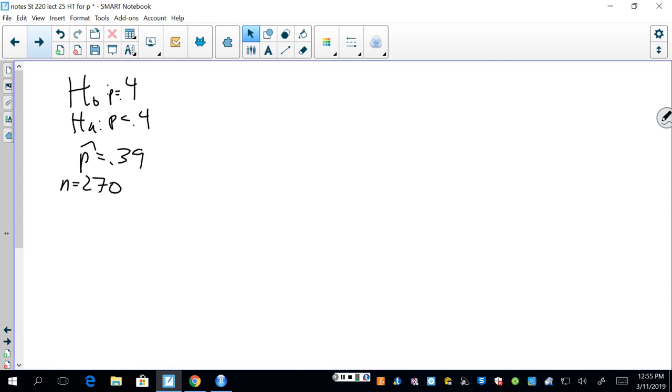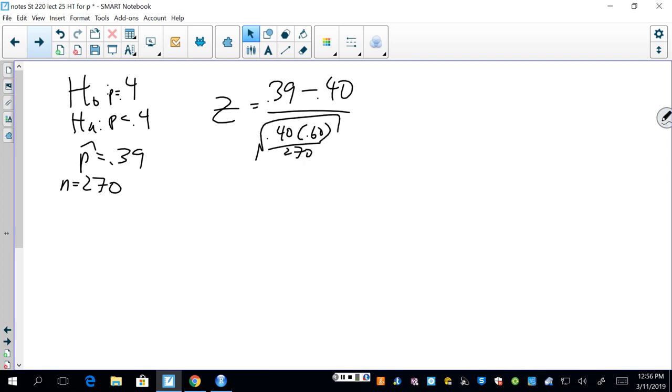Well, p hat is less than 0.4, so at a first pass, it might be a little bit less, but is it significantly less? Our z value here would be 0.39 minus 0.40, over the square root of 0.40 times 0.60 over 270. That's going to be a slightly negative z value, but it's not going to be very big.